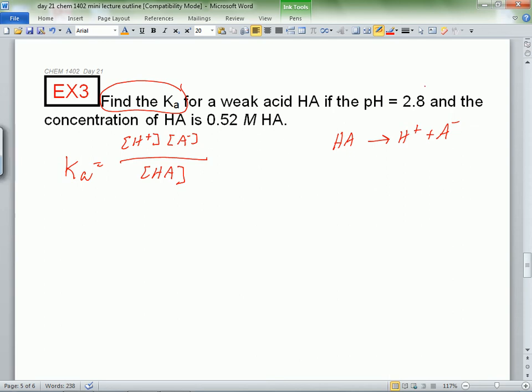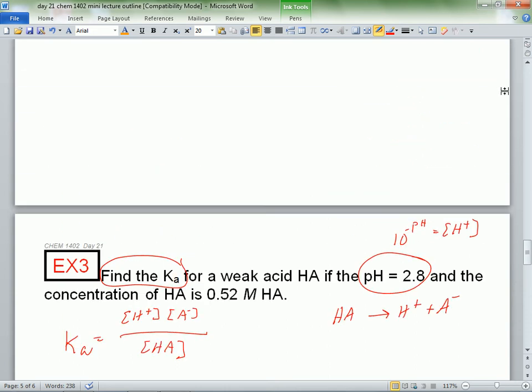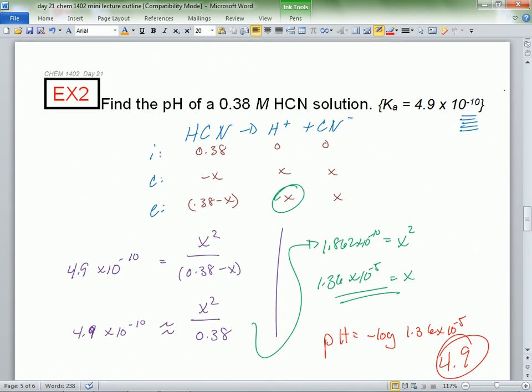Do you remember this? She says 10 to the negative pH. Remember messing with that? There's our hydrogen ion concentration. Now, she's kind of jumping ahead of my thinking, but it works. When I first read this question, I thought it's the exact opposite of this one.